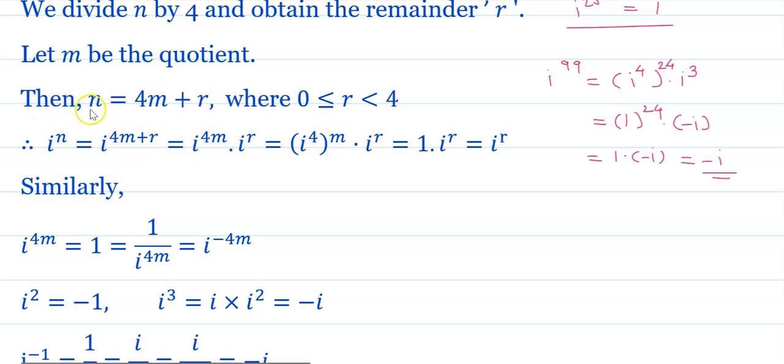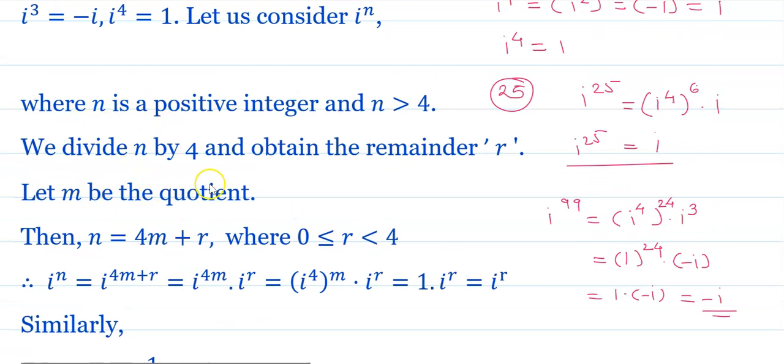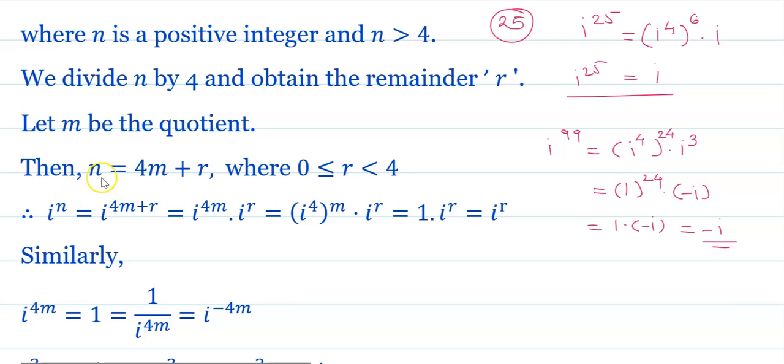In a similar way, if you divide this n by 4, the remainder is r and the quotient is m, then n can be written as 4m plus r. Just like here, 99 can be written as 4 into 24 plus 3. Okay.